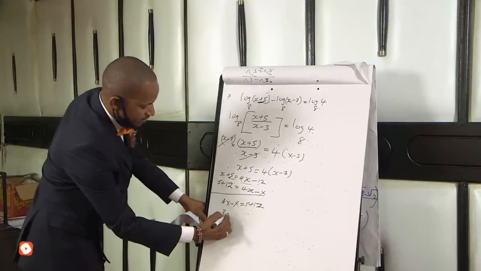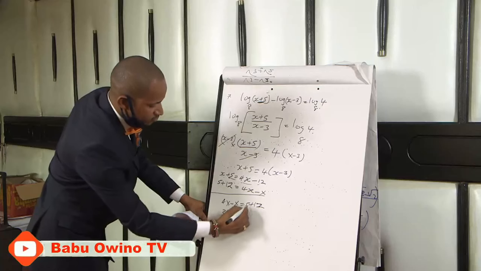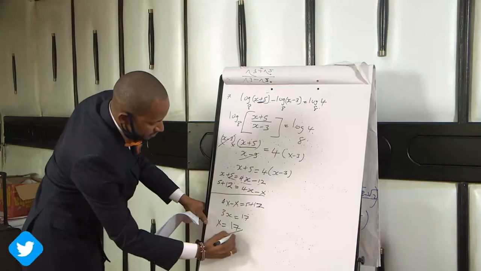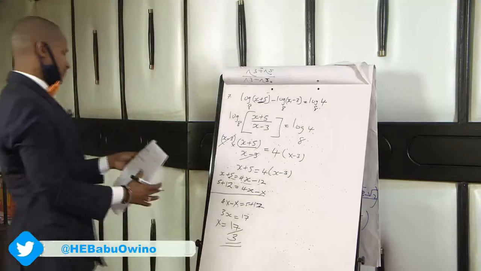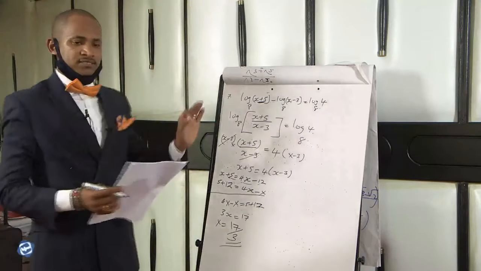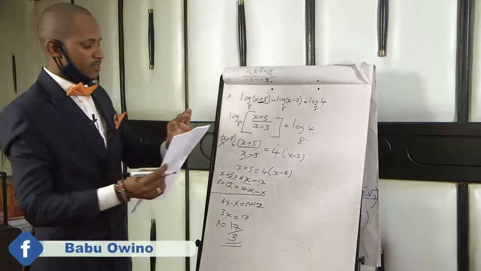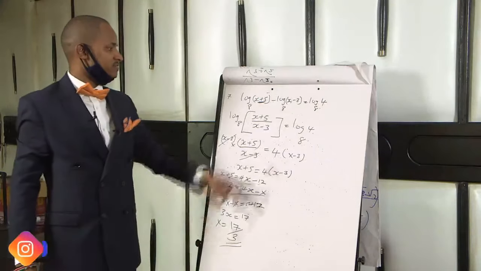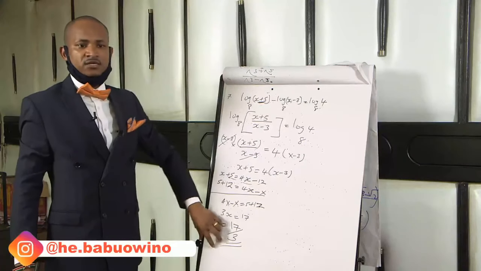So 4x minus x is 3x equals 5 plus 12 is 17. Therefore, x is equal to 17 divided by 3. That is the value of x. We've finished it because they wanted us to solve it without using a calculator.